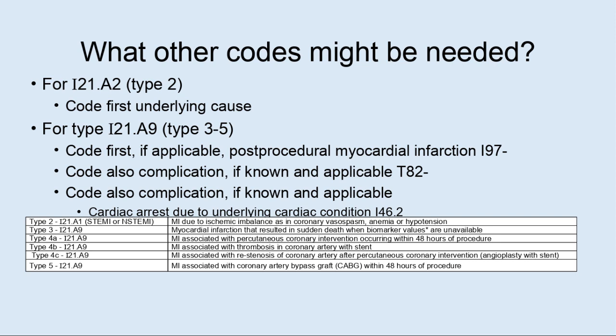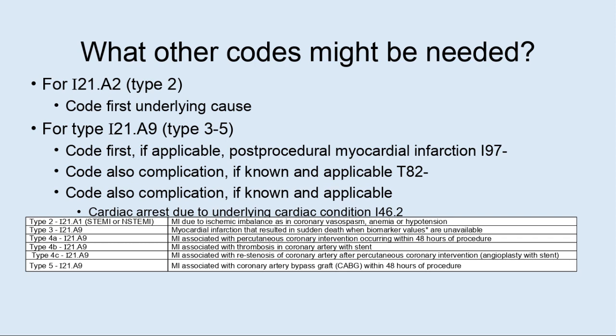For I21.A9, type 3 to 5, notice that 3, 4, and 5 are all inclusion terms under I21.A9. There's a note, code first if applicable, post-procedural myocardial infarction. So if it's a complication of a procedure, you go to I97.